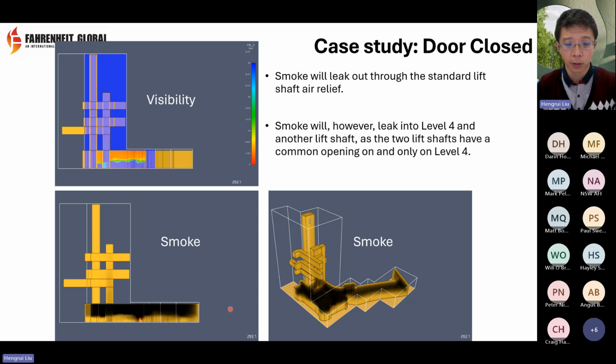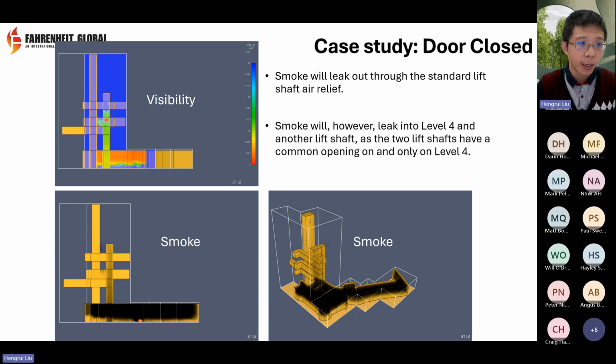If the door is closed, you will see this is a really bad design, because you see already the smoke leaking through the leaks of the lift into the lift shaft. And here visibility you can see as well. And on level 4, it actually leaked to the level 4 doorway as well. You see most of the smoke leaked out from the lift shaft leak, like we said before, per requirement. So it went out as well.